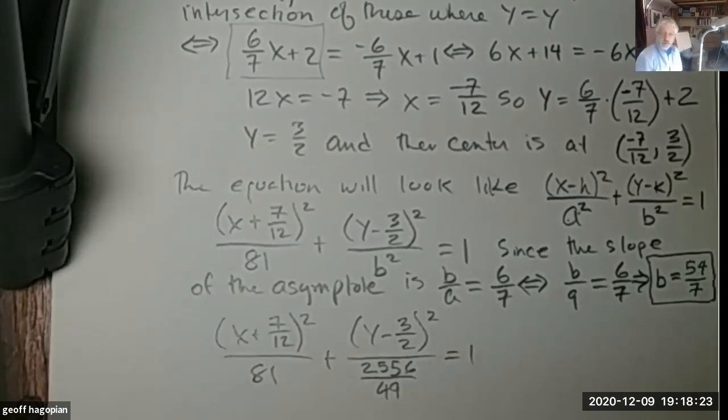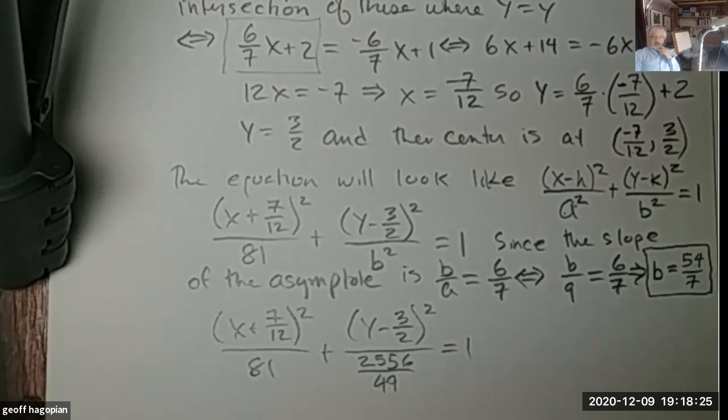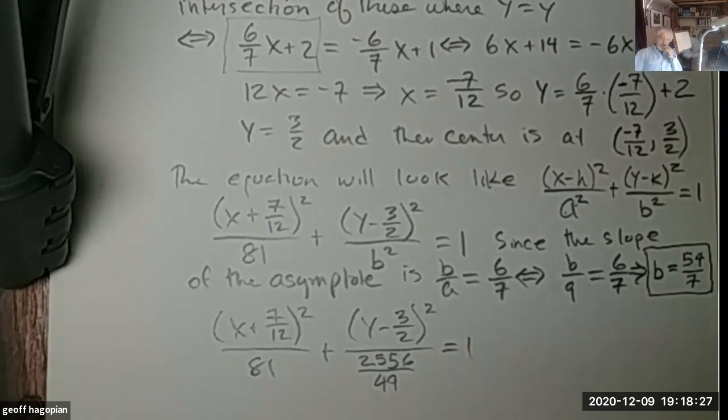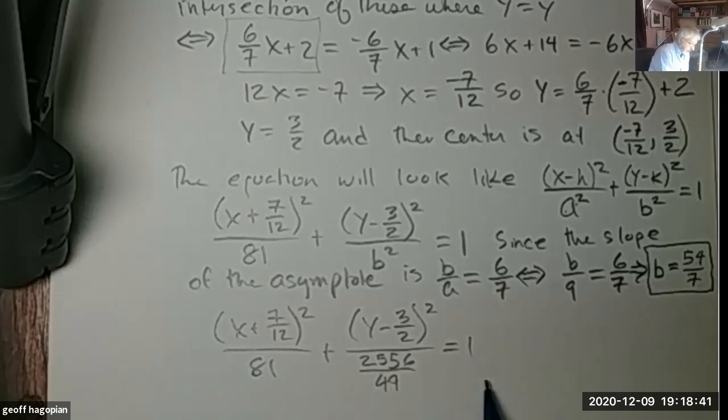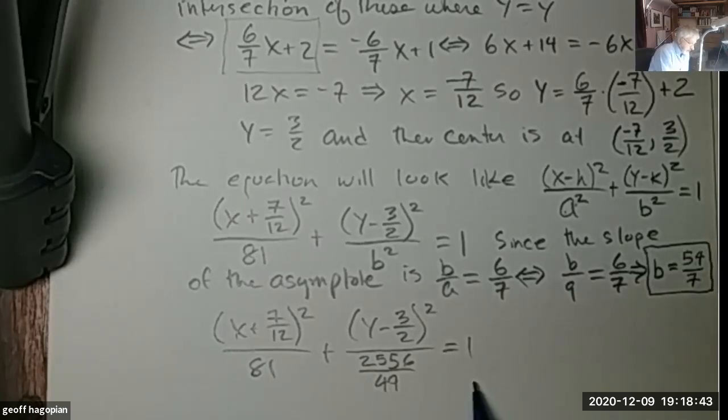Oh, sorry, I'm off screen again. Maybe I should have just put in the 54/7 in parentheses and put a square on it and said, there's the square of 54/7. You don't really have to compute it, right? But this is now the full equation, right? So we could set about graphing it if we wanted to.